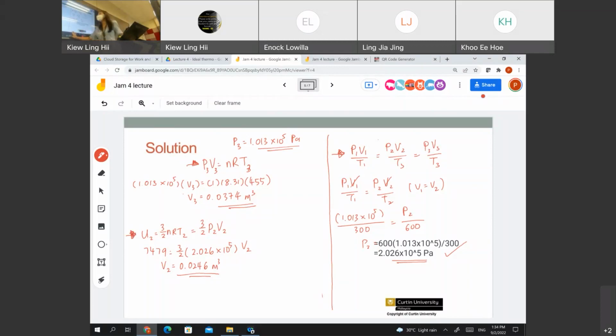Because even this one is derived from the ideal gas law, and this is your ideal gas equation. So this one, 3/2 nRT equals 3/2 PV, also from the ideal gas equation. So you can try with these three. No fixed one to be used. So it's best on your own convenience.